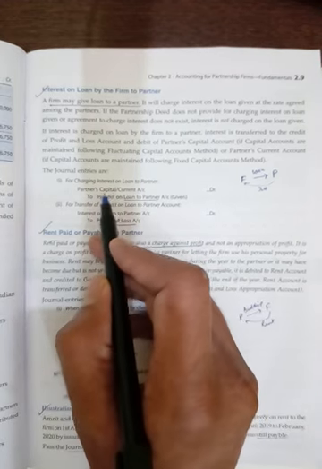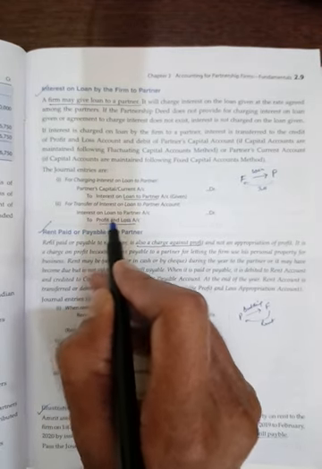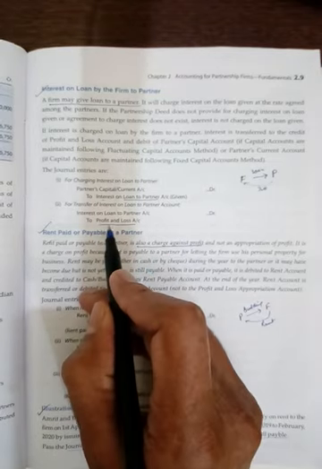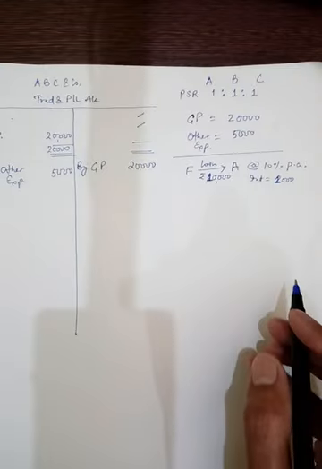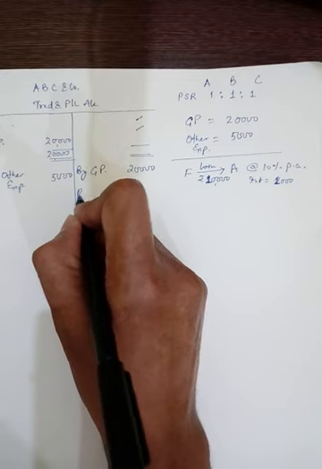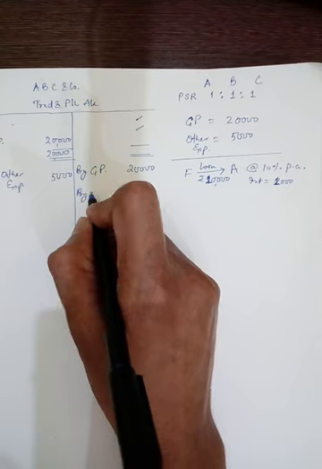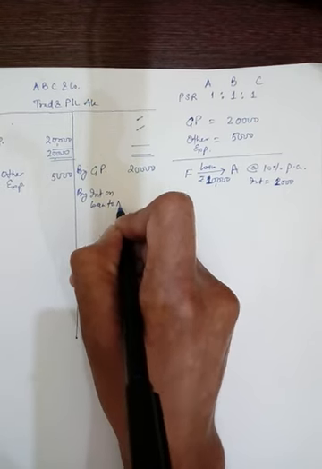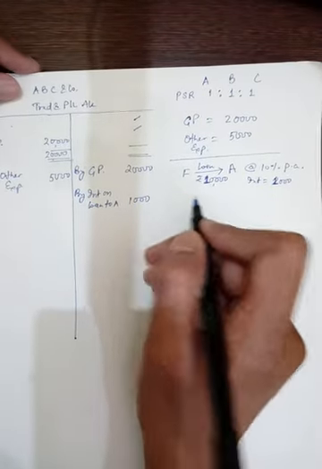So instead of cash account, partner's capital account is debited. And then interest on loan to partner account debit to profit and loss account. So this 1000 will be transferred to profit and loss account, and since this is an income, it will come on the credit side of profit and loss account by interest on loan to A, and the amount is 1000.